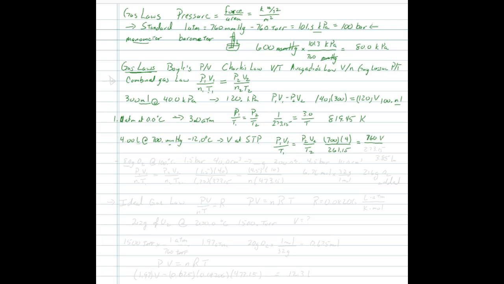And 760 is coming from up here, standard pressure for millimeters of mercury, and the temperature 0 degrees Celsius, 273.15 Kelvin. Do the math. 3.85 liters, and it's liters because you started off with liters.